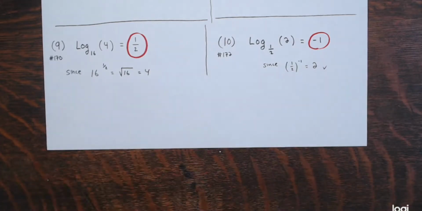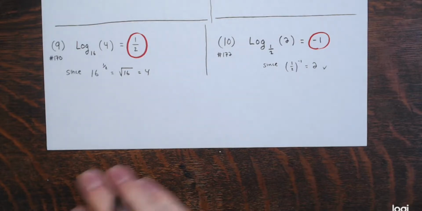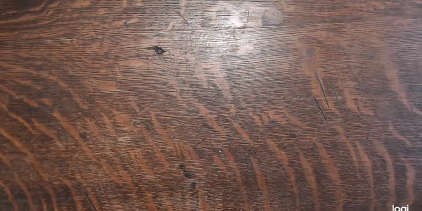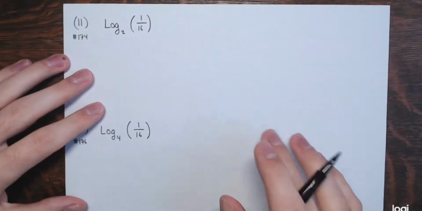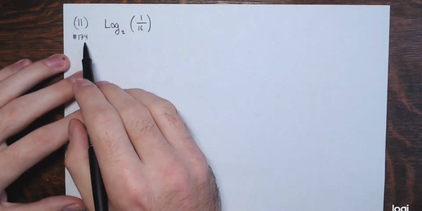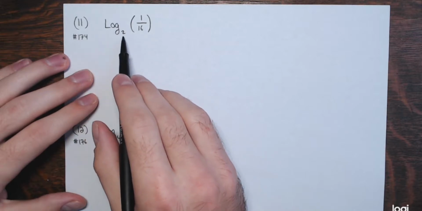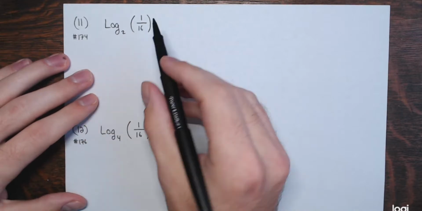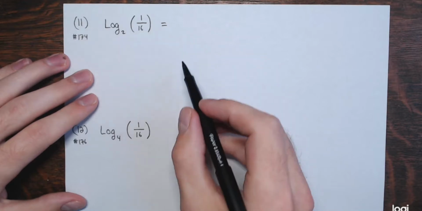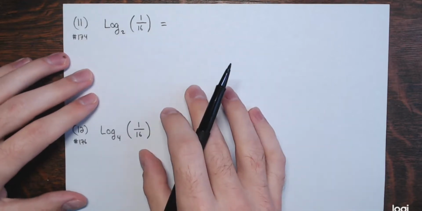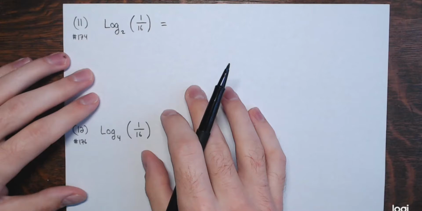All right. And I got just a couple more of these. So number 11, exercise 174 from the text. We got the log base 2 of 1/16. Again, if you know your powers well enough, these should be pretty easy.